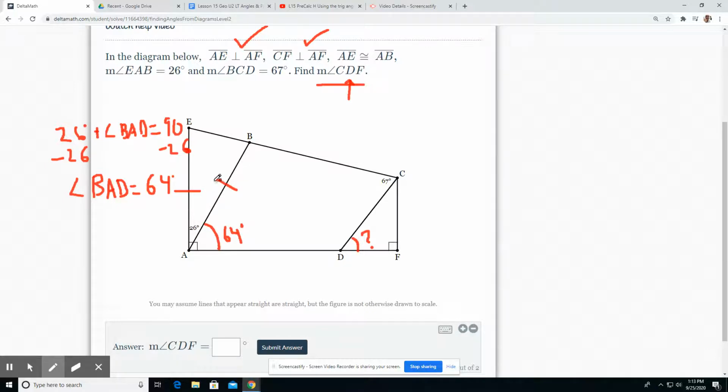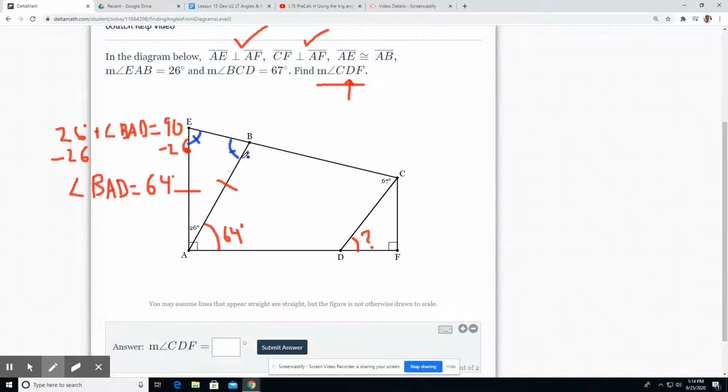All right, well, it took me a while to see it. It's a little bit tricky, but let's go for it. I was wondering why these sides were given as the same or congruent, and that means this is an isosceles triangle. If this is an isosceles triangle, then these two angles have to match also.